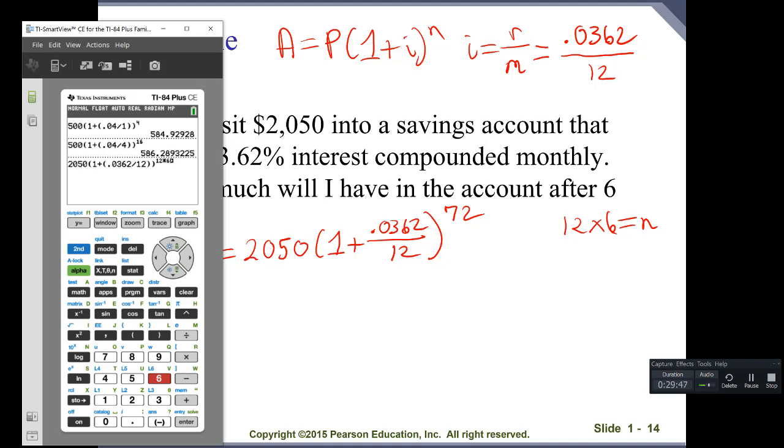But if you have a TI-84, you shouldn't have to if it's a newer one anyway. Or you could just always multiply it out first. So after 6 years' time, I'm going to have in my account $2,546.48.